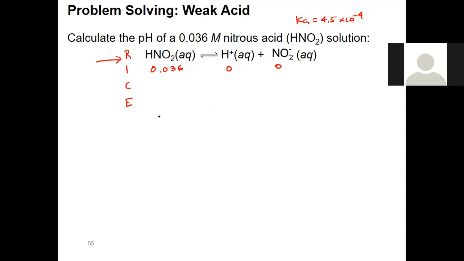So what's the changes that we have here? Ano yung changes natin dito? Can we say this is minus X because it's in the reactant? X amount of HNO2 that dissociates to form X amount of H plus and NO2 minus. Are we okay on that?